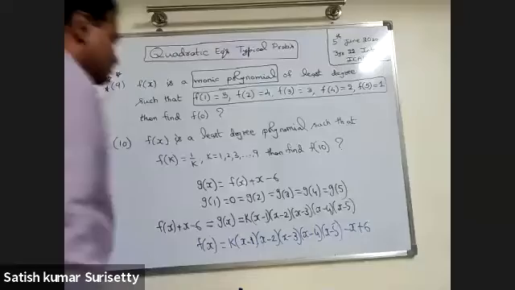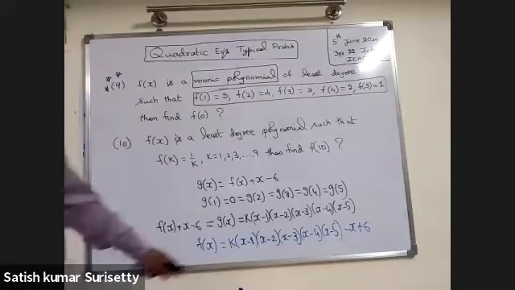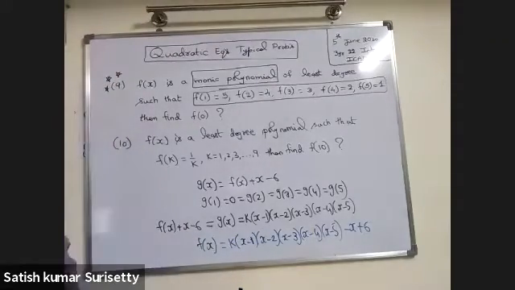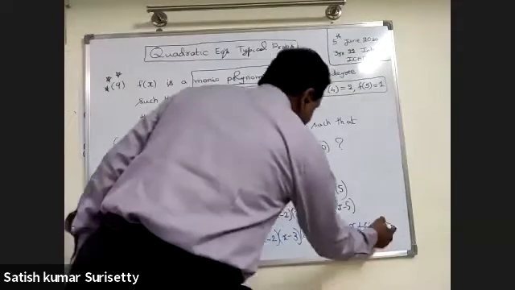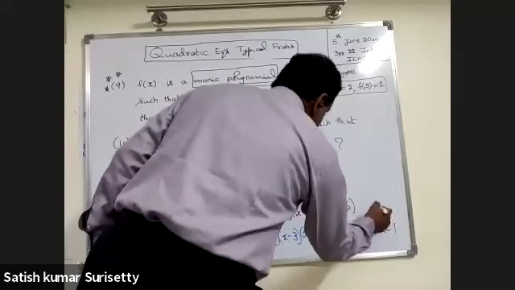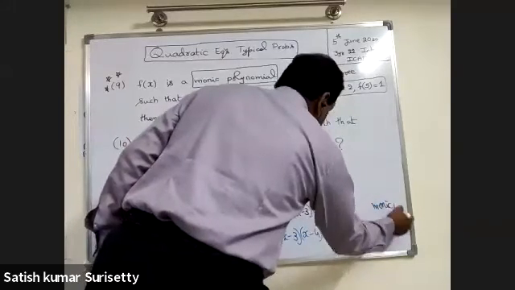Now, how to get the k value here? Read the question. What is given? Monic polynomial is given. What is the meaning of monic polynomial? I told you, the highest power coefficient must be 1. That means here k must be 1, because it is a monic polynomial.